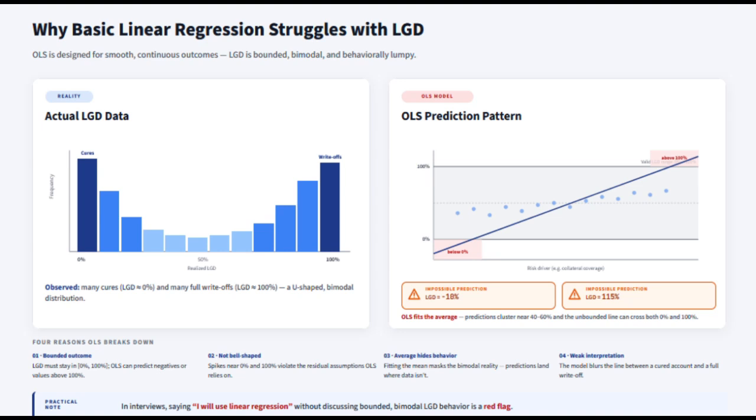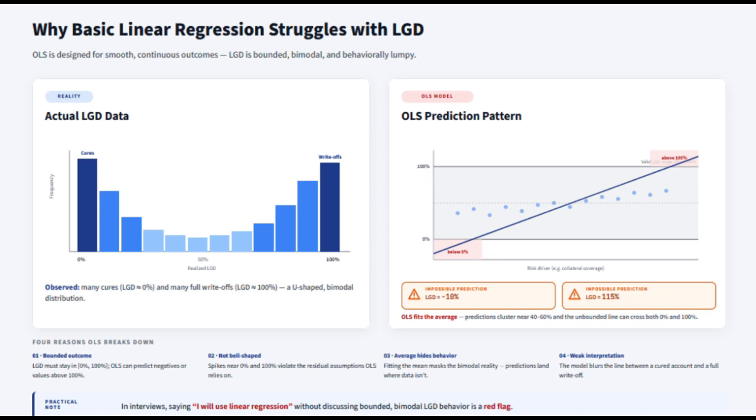That's why standard regression fails here, because the distribution is not a bell shaped one, it is a U shaped one, with severe spikes at 0% and 100%. So in interviews, if someone asks how you would model LGD and you just say linear regression, it's an immediate red flag. You need to specify statistical techniques designed for bounded or bimodal data.